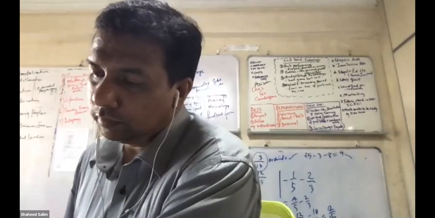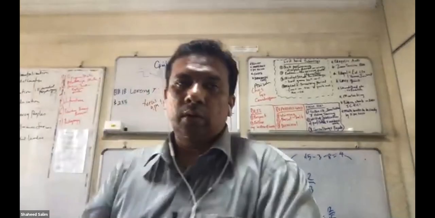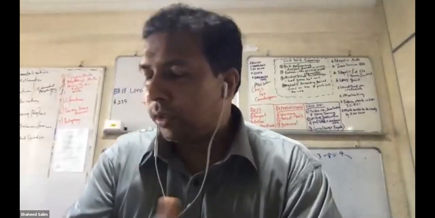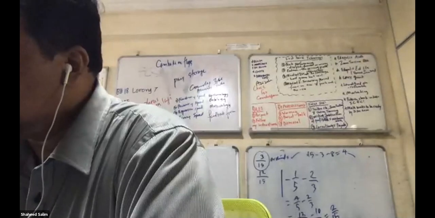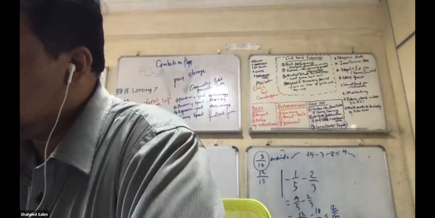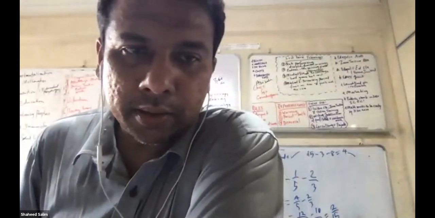Okay, you know what a coin is, right? You flip, you can get heads or tails. 8. Okay, how do you get 8? 20 minus 4. 12.